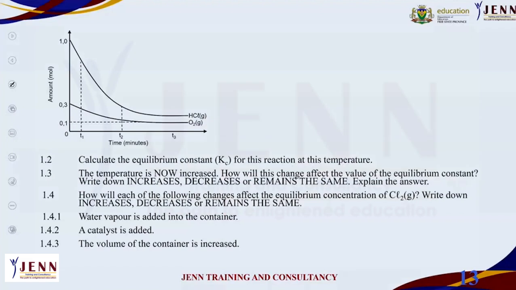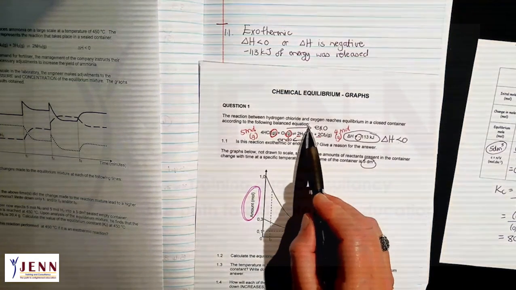Okay, 1.4. How will each of the following changes affect the equilibrium concentration of Cl2? Write down increase, decrease, or remain the same. Okay, they want to know vapor pressure. Water vapor is added into the container. Okay, boys and girls, if I look here, I see that water is one of the reactants.